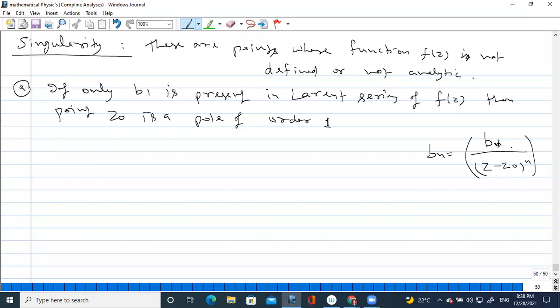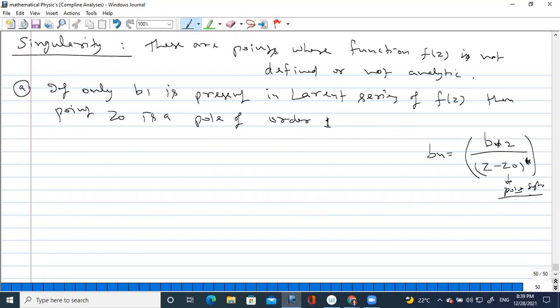So if only B1 is there, the power will also be 1, so this is a pole of order 1.